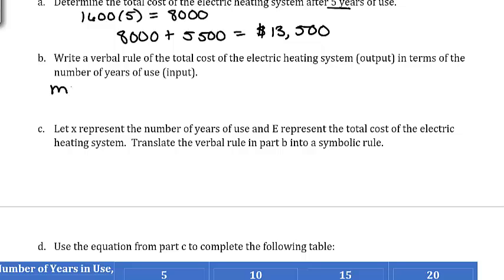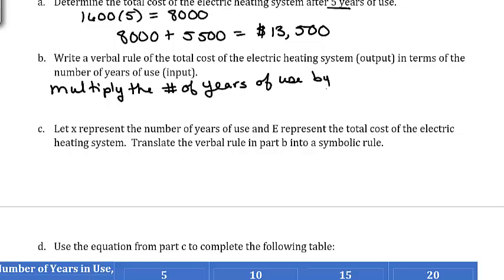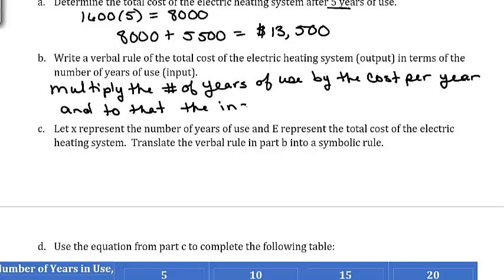So again, we're going to multiply the number of years of use by the cost per year, and add to that the installation cost.